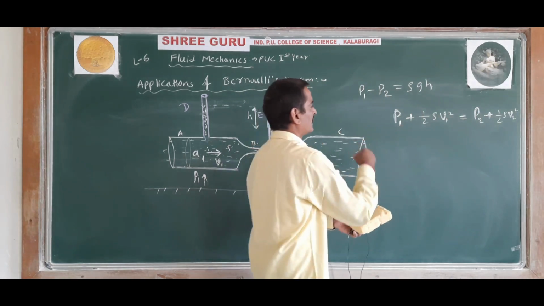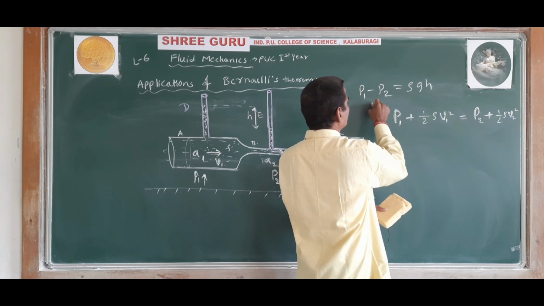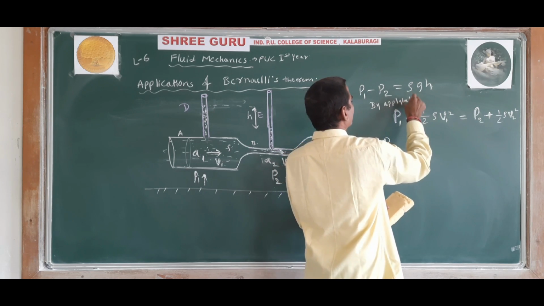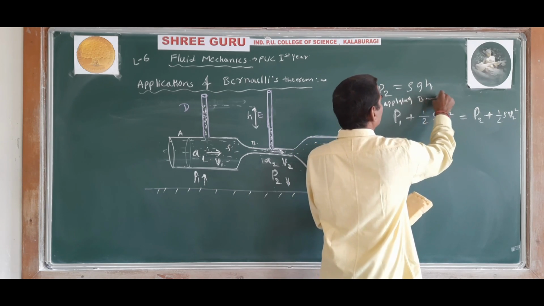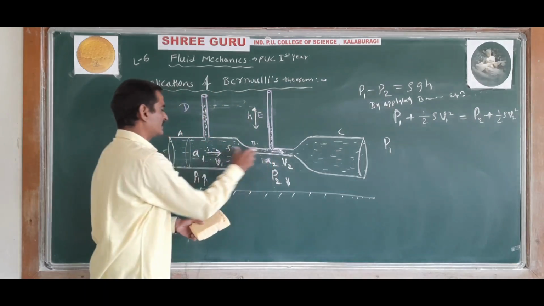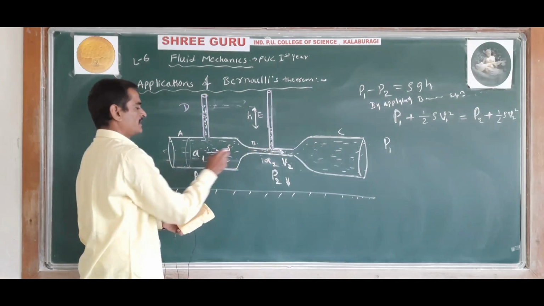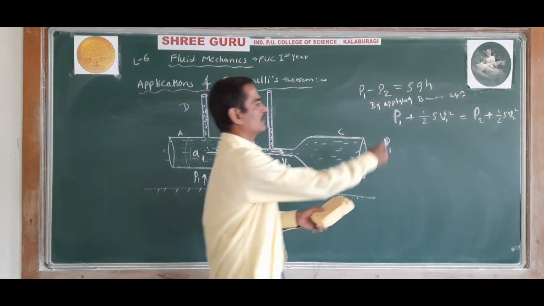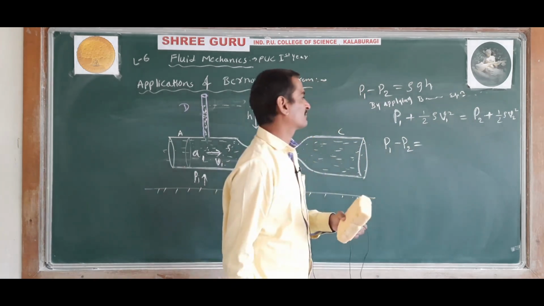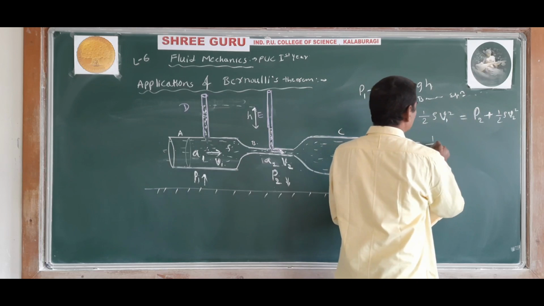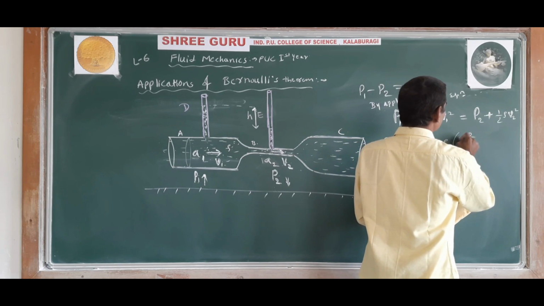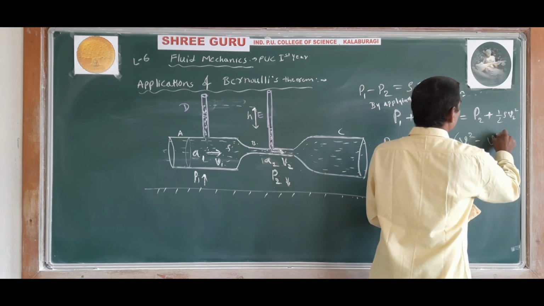Understood? So now take that P2 to this side. This is by applying Bernoulli's equation to this point B and to the point A. Then you will get this equation, P1 minus P2 is equal to 1 by 2 rho, V2 square minus V1 square.